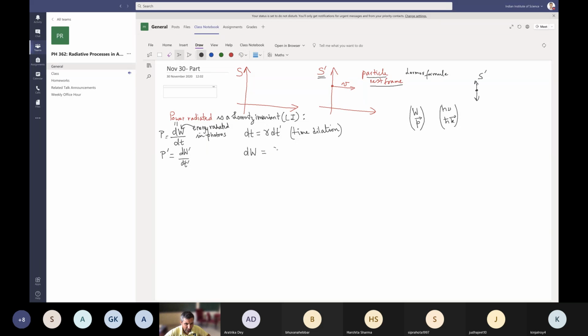So dW is equal to gamma dW prime plus c beta dot delta p prime.